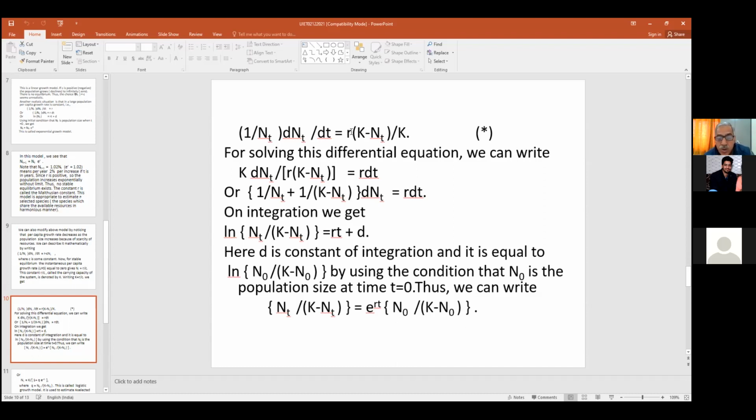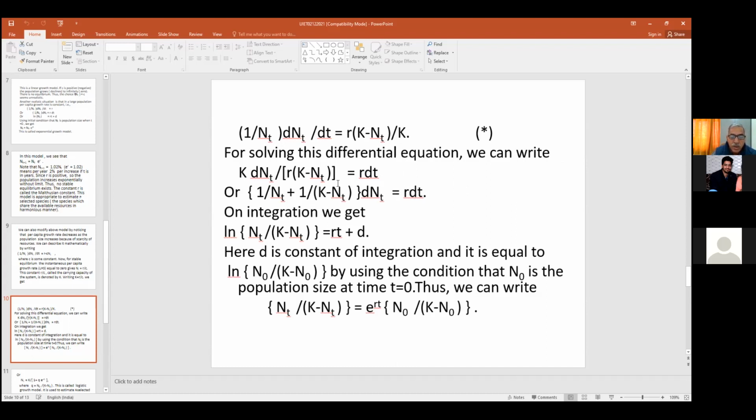Now, this is again a differential equation, so use the variable separation method and simple jugglery. For solving this differential equation, we can write K dN over N(K minus N) equal to R dt. Now you can use variable separation, which you have already used. Integrate both sides.